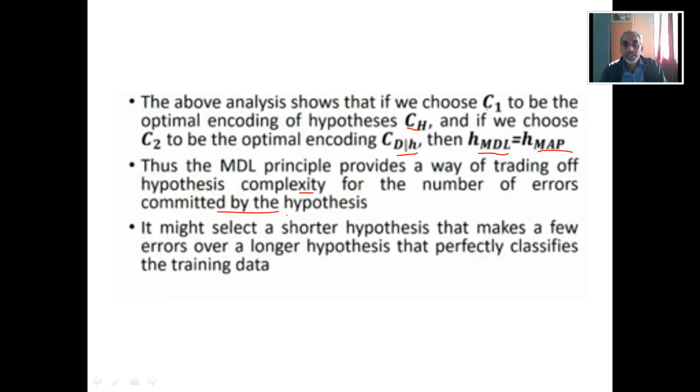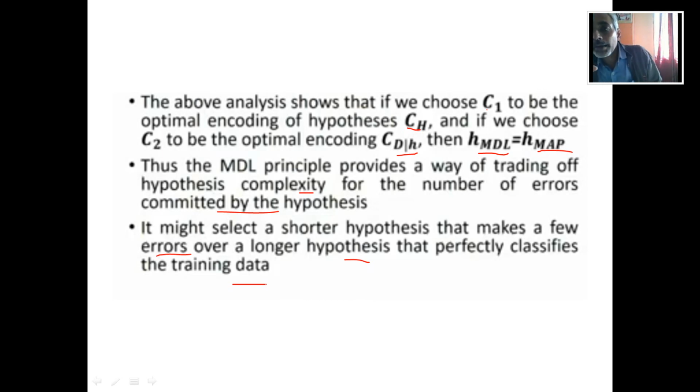So it might select a shorter hypothesis that makes a few errors over a longer hypothesis that perfectly classifies the training examples, right? It might happen sometimes that a complex hypothesis may classify the training examples correctly, but instead of considering the complex hypothesis, if you go with MDL, you will be selecting a very simple hypothesis, but a little bit of error will be there.